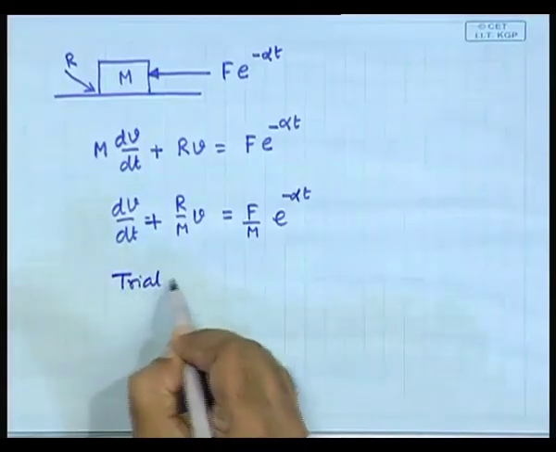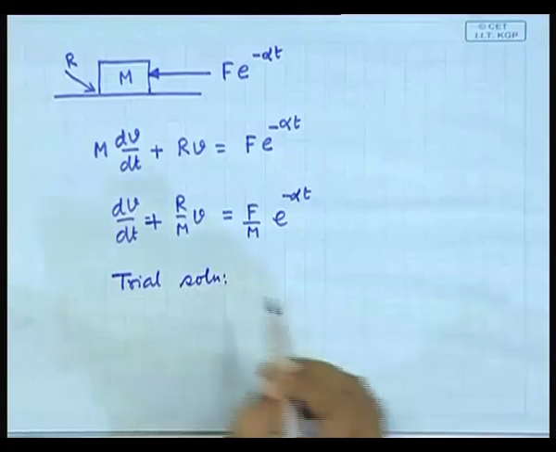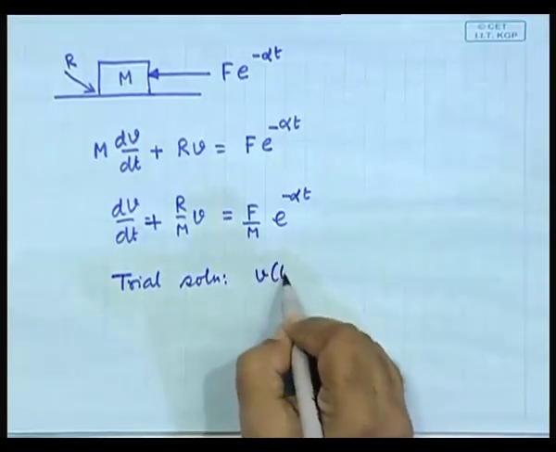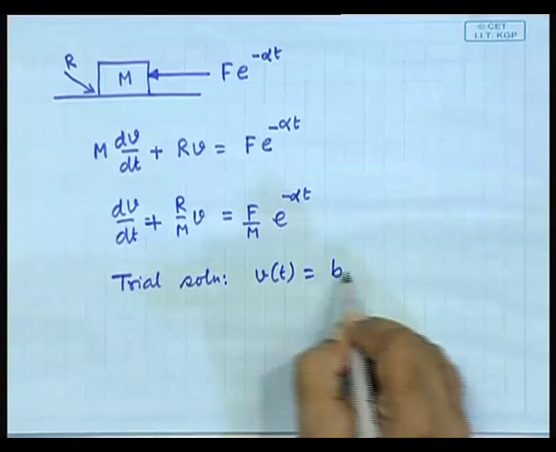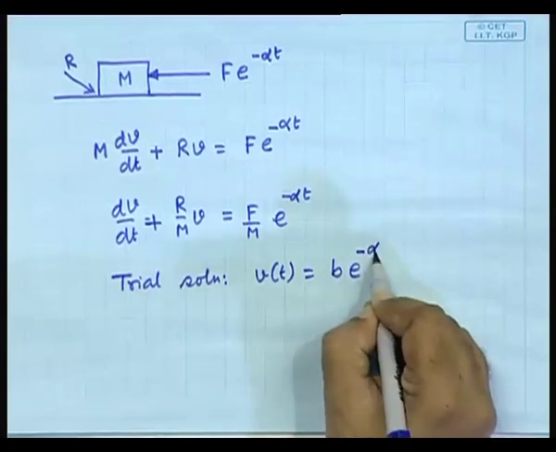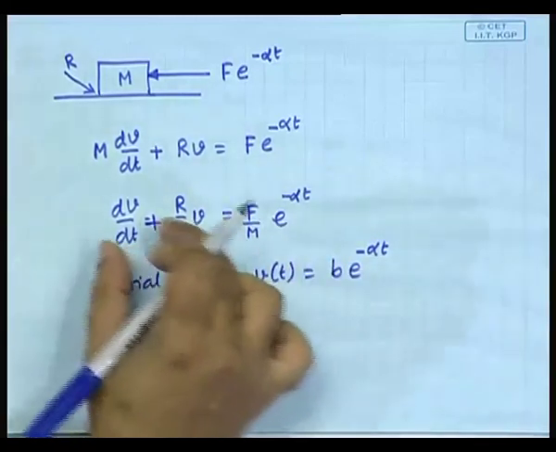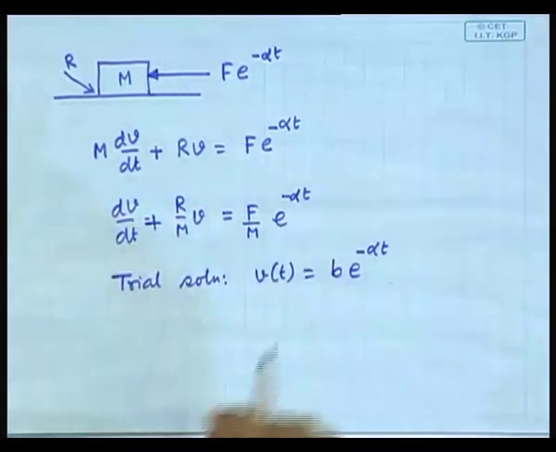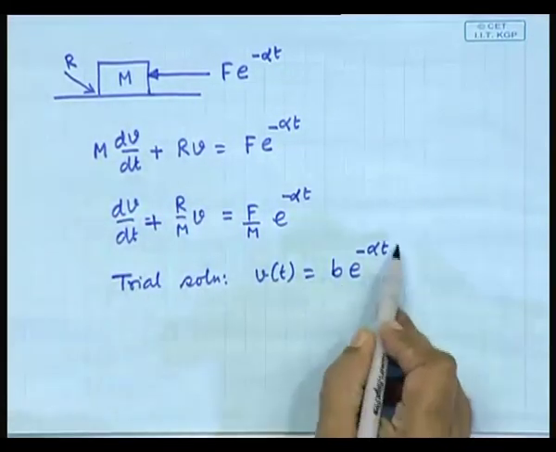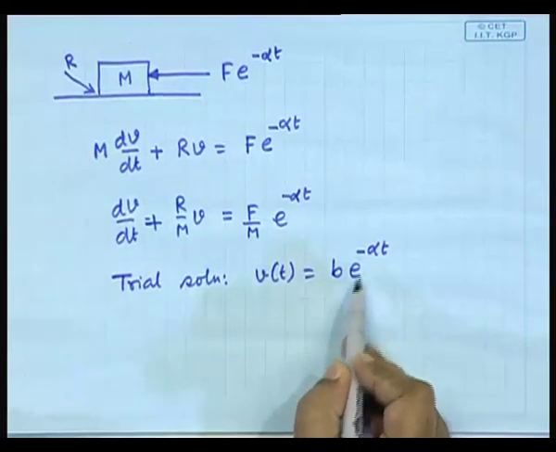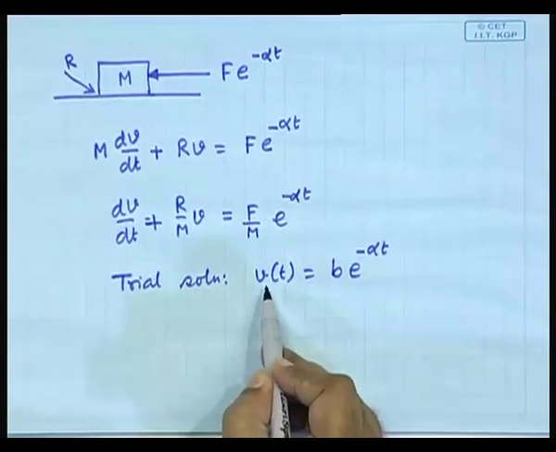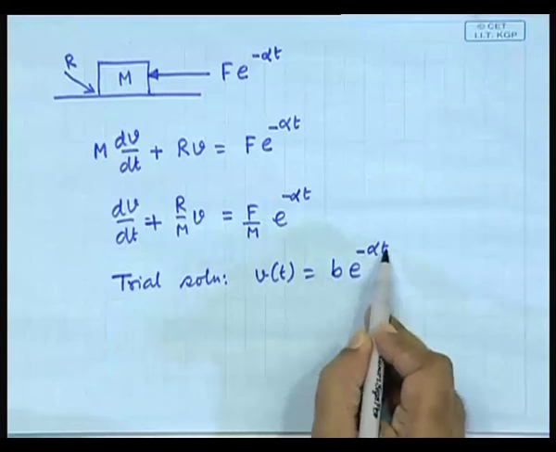Trial solution may be v of t equals B e to the power minus alpha t, exponent has to be the same. Okay. If you put this trial solution into the original equation, what do you have? dv/dt will be minus alpha B e to the power minus alpha t.